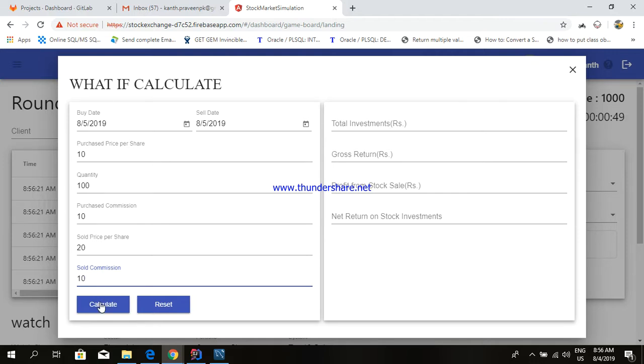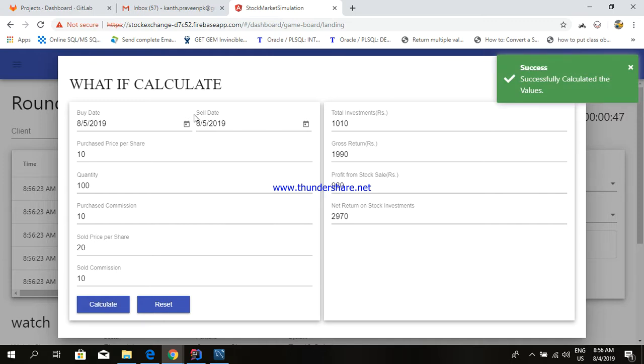When I press calculate, you can see the total investment: I bought per share at 10, the quantity is 100, and I have a purchase commission that I have to pay. So the total investment I made to buy is 1,010. Now I'm selling this 100 quantity at 20, so I'm selling for 20,000.